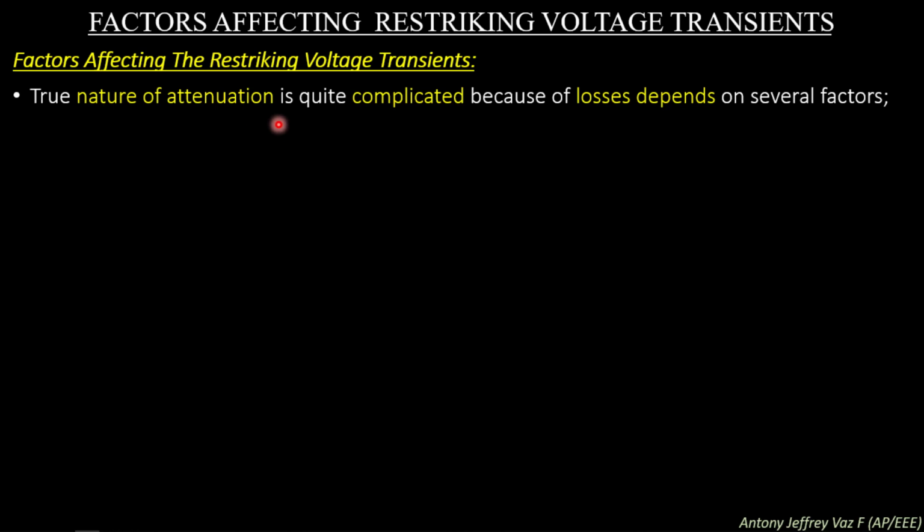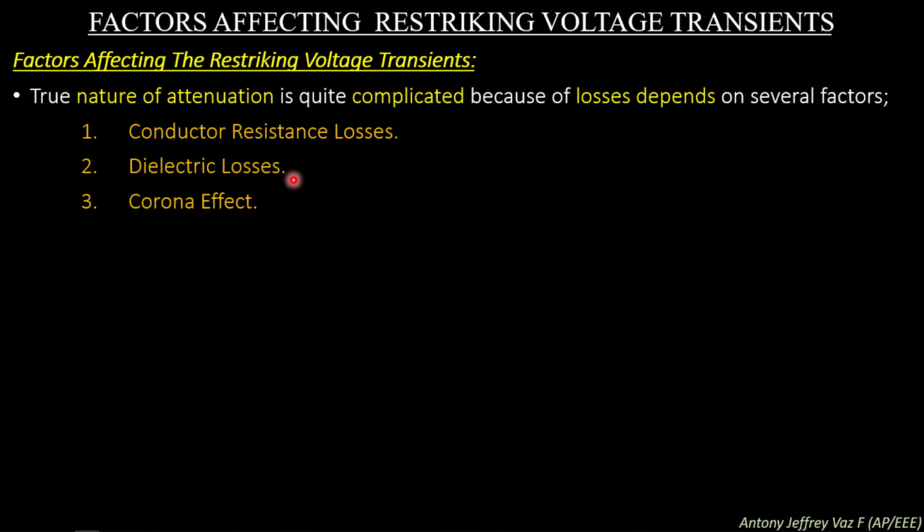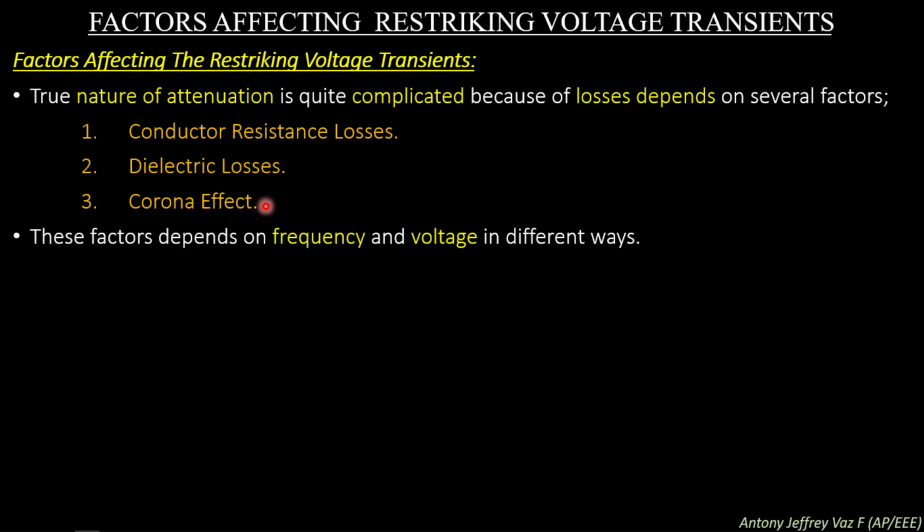The true nature of attenuation is quite complicated because losses depend on several factors. Since the rate of rise of restriking voltage depends on several factors, these factors involve several losses, which are expressed as conductor resistance loss, which is nothing but I squared R loss, dielectric loss, and corona effect.